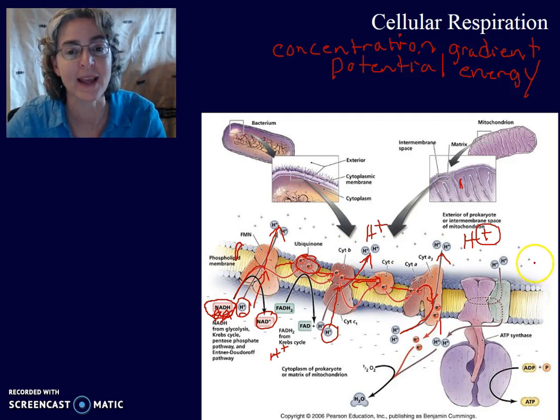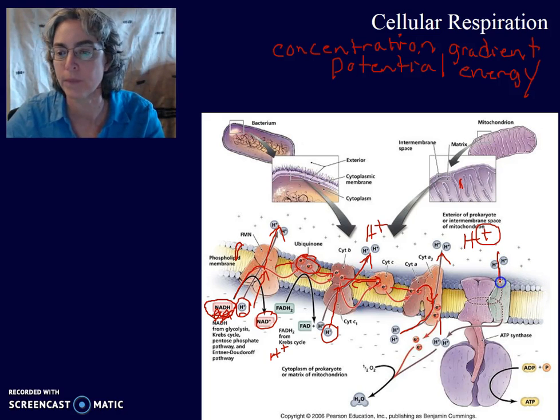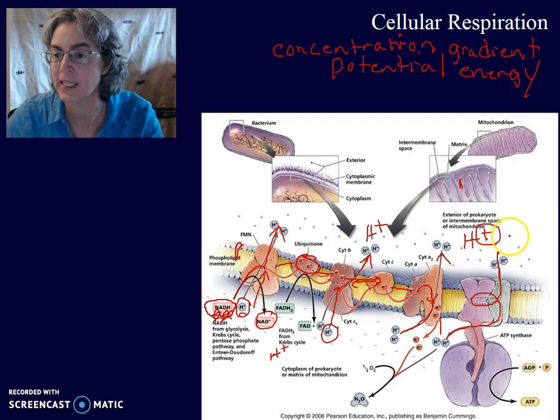So the only way that they can get through is there's a protein right here that will allow them to go through. So they will go through this protein by diffusion, or this would be facilitated diffusion because it's using a protein.